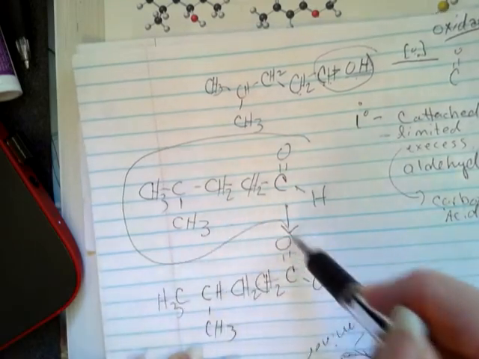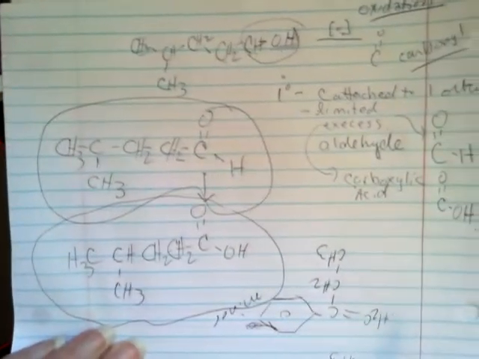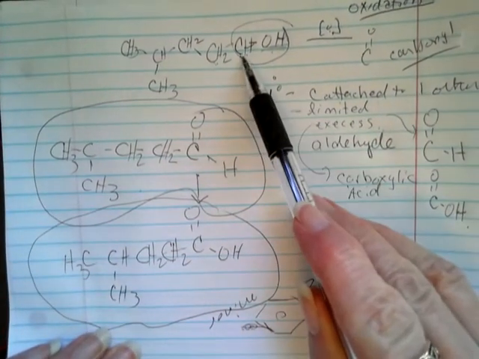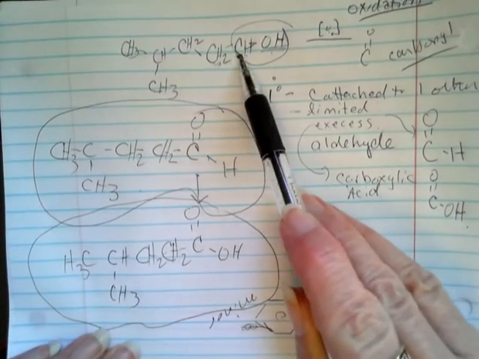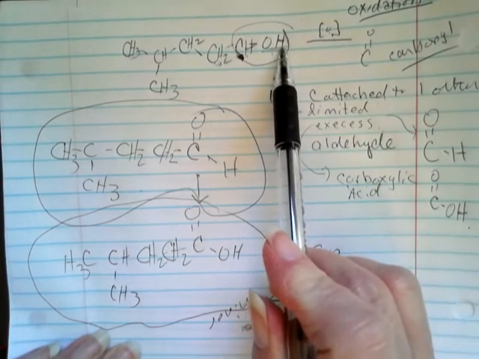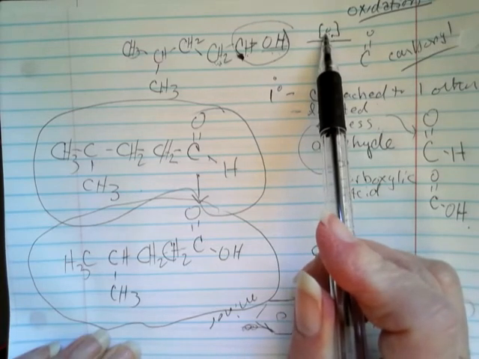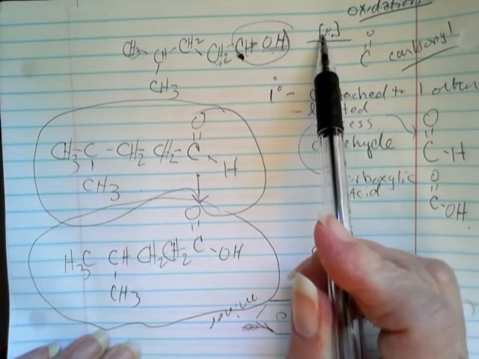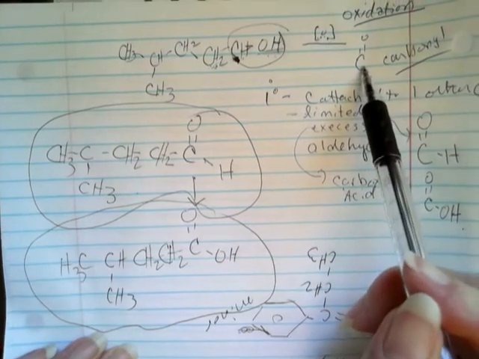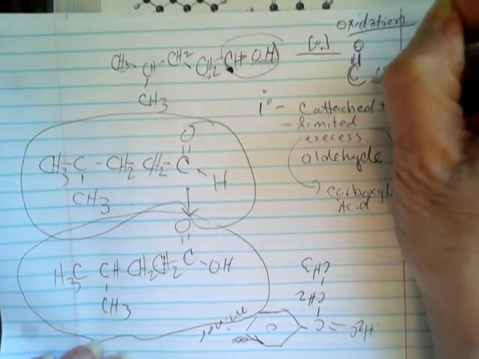Okay, so again, primary alcohol. It's a primary alcohol because it's got one other carbon attached to it. So the alcohol is just dangling off the end. The O means there's an oxidation reaction. Anytime there's an oxidation reaction, you're going to get a carbonyl group formed. That's a carbon double bonded to an oxygen here with, you know, something else.